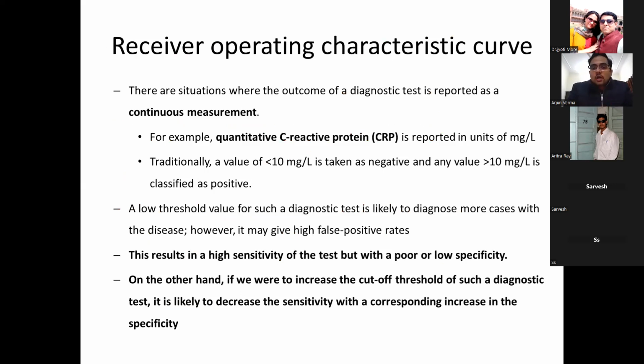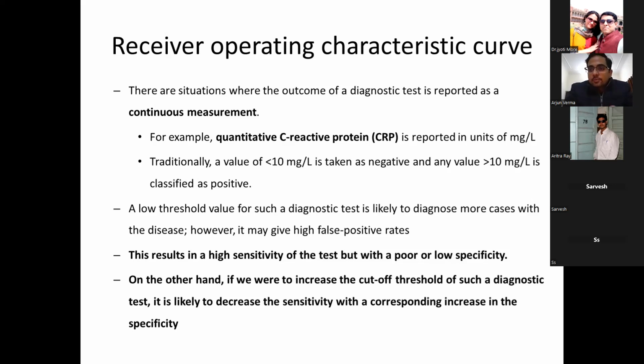Now coming to the ROC curve. Till now we have discussed sensitivity and specificity. Sensitivity and specificity are used whenever you have a test which is not a continuous measurement, like whether the answer to a question or a report is positive or negative, yes or no. But in conditions where the test is not giving an answer in terms of yes or no, and is giving the answer in terms of a continuous measurement, for example CRP.